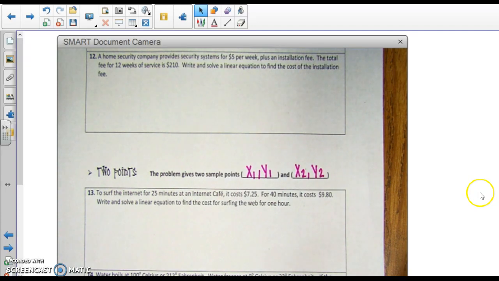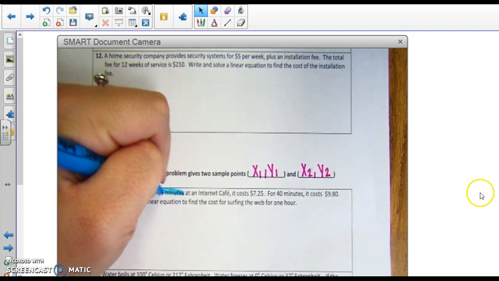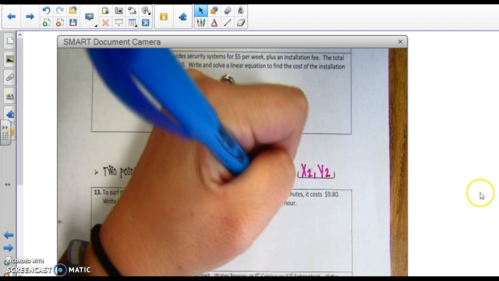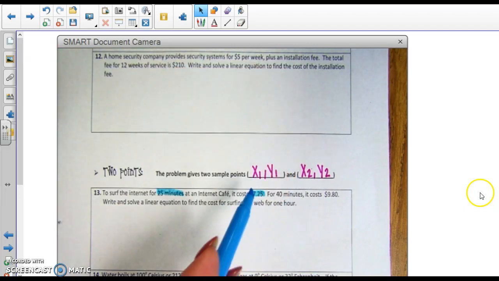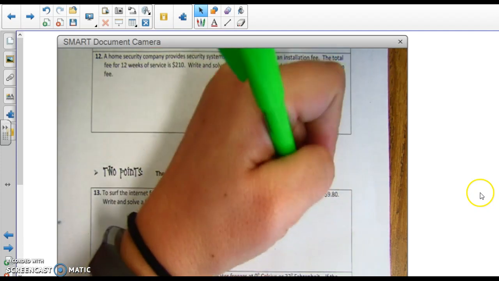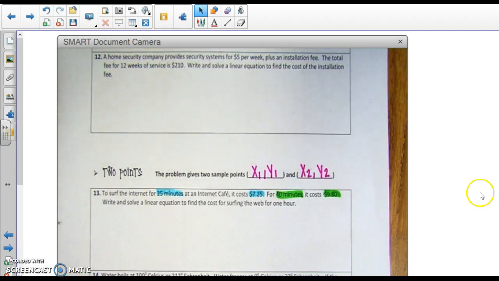So I'm going to highlight some of the things in the word problem. So to surf the internet for 25 minutes, so we know it's 25 minutes. So at an internet cafe it costs $7.25. So I would say that that's one of our first points. Okay, so then for 40 minutes it costs $9.80.